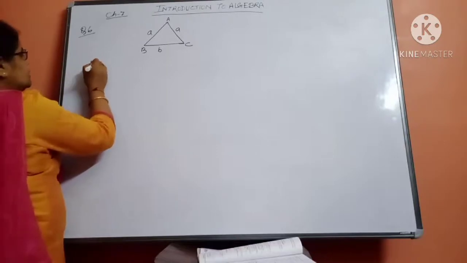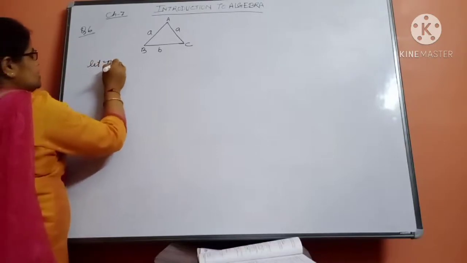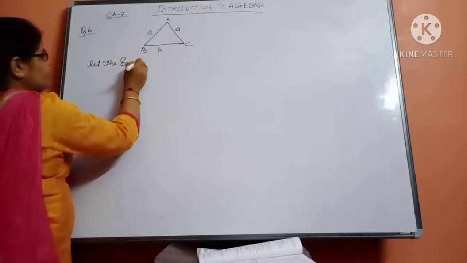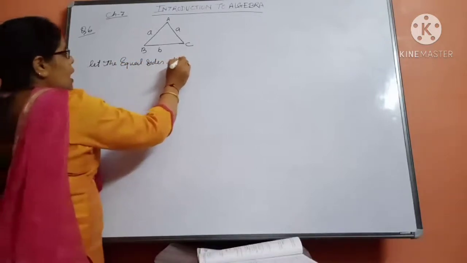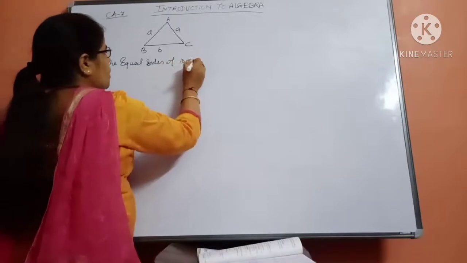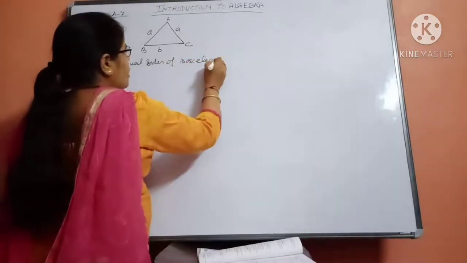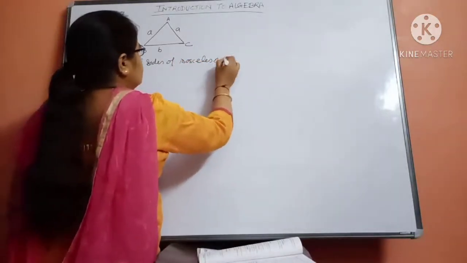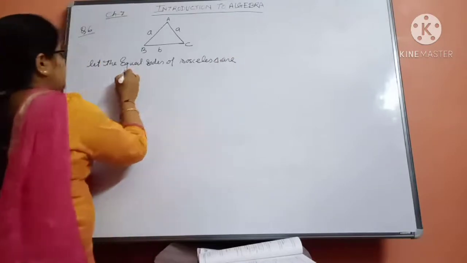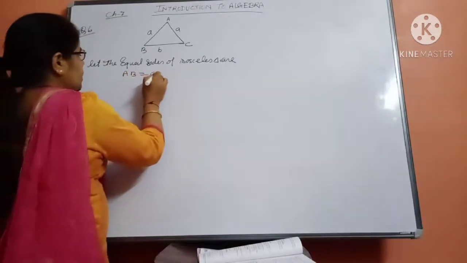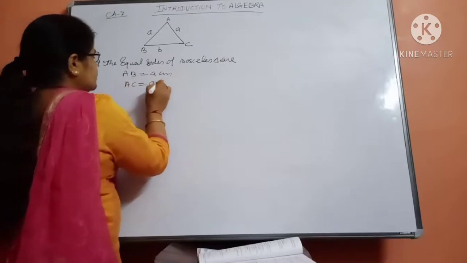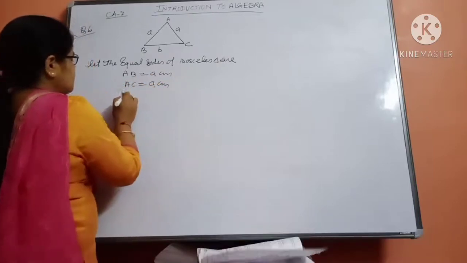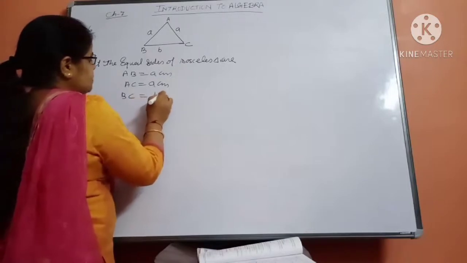Let the equal sides of the isosceles triangle be AB equal to a centimeter, AC equal to a centimeter, and BC given as b centimeter.